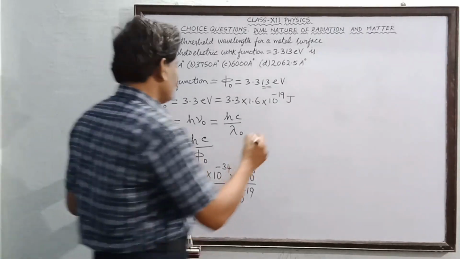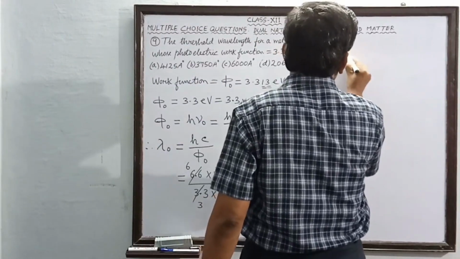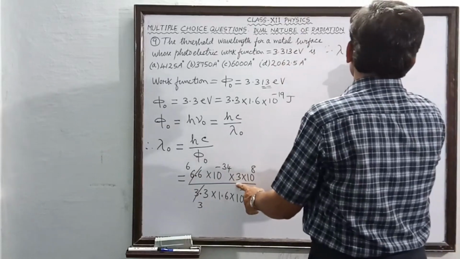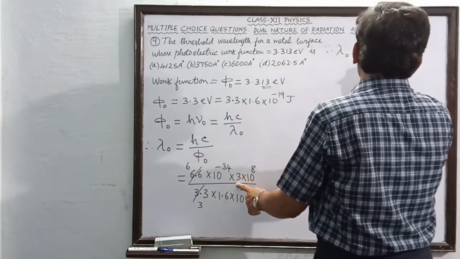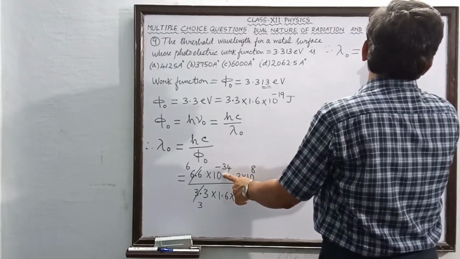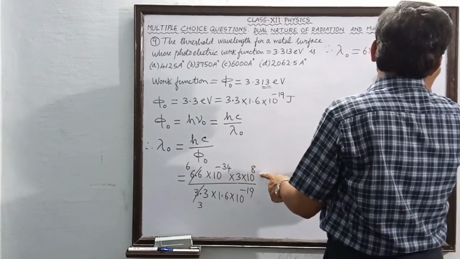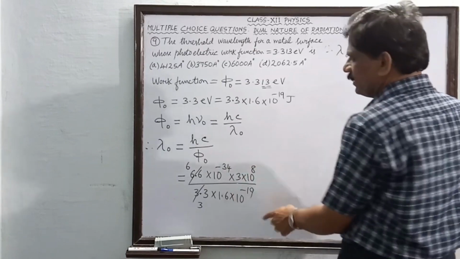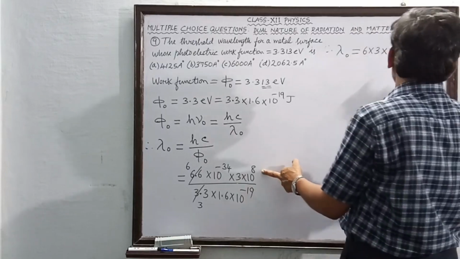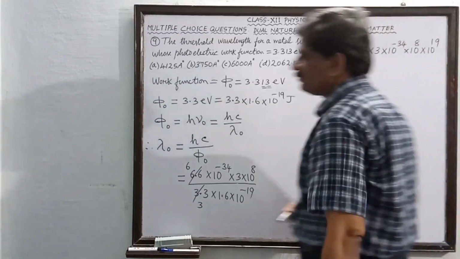Therefore lambda naught is equal to 6 into 3 into 10 power minus 34 into 10 power 8. Now this 10 power minus 19 will come up, so this is 10 to the power of plus 19.